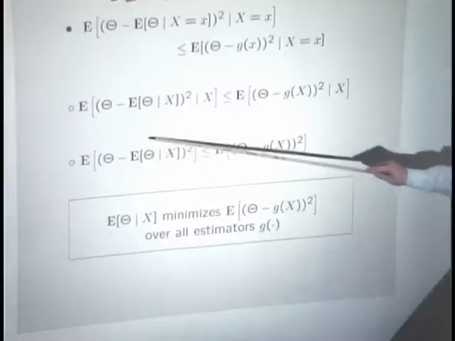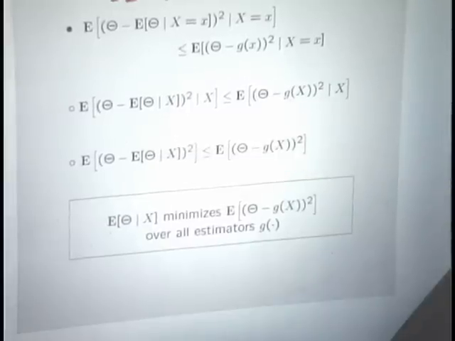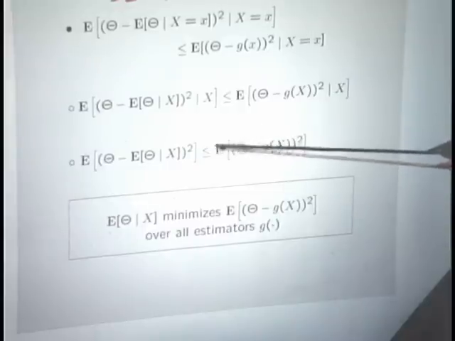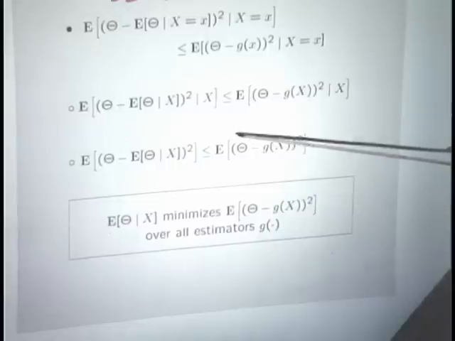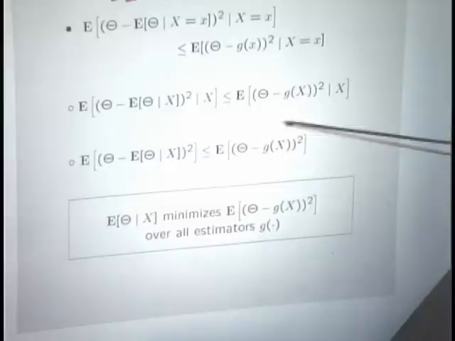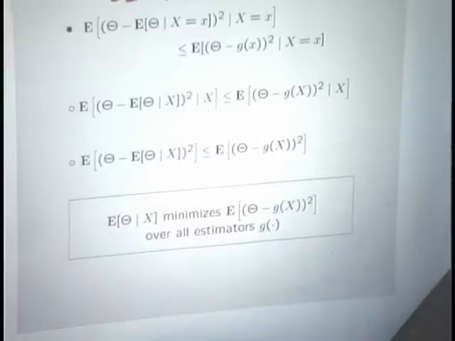And this last inequality tells me that the person who's using this estimator, who produces estimates according to this machine, is going to have, on the average overall, a mean squared estimation error that's less than or equal to the estimation error that's produced by the other person.